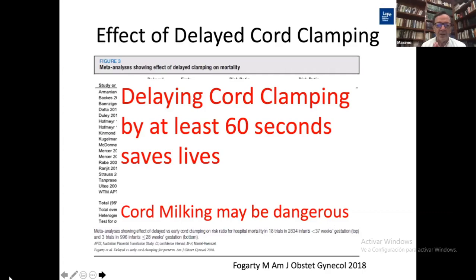So it should be taken into consideration that cord milking may be dangerous, and only in extreme situations perhaps may it be done. So we don't recommend it as a routine procedure.